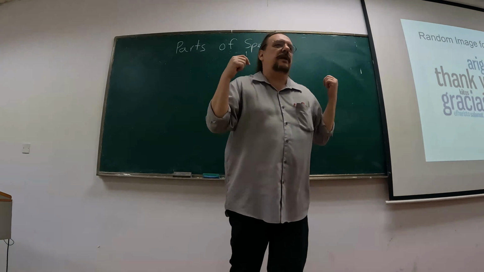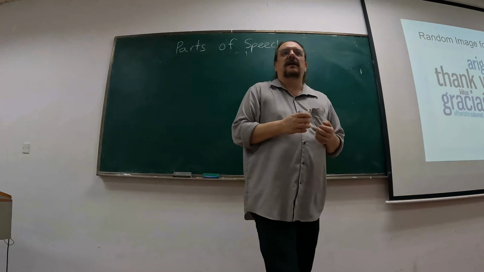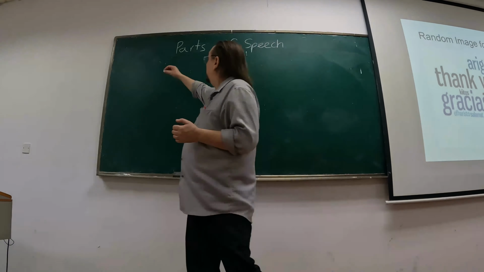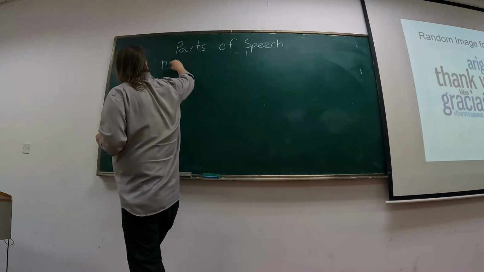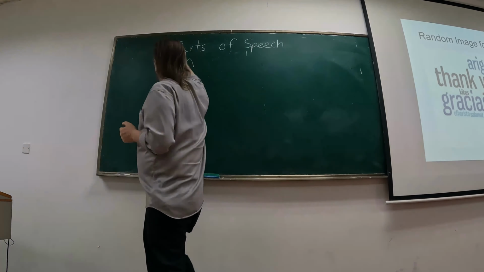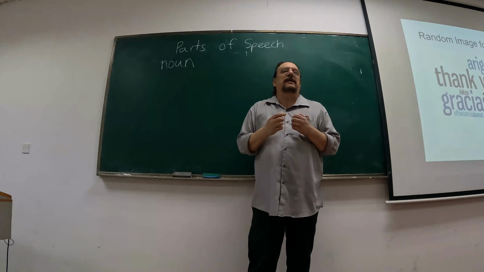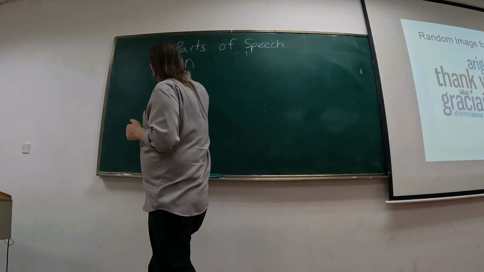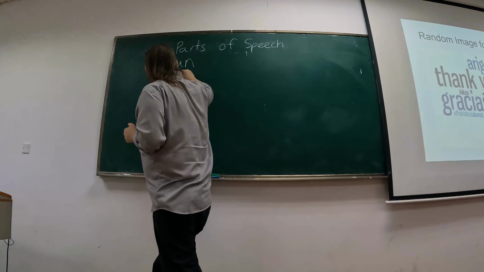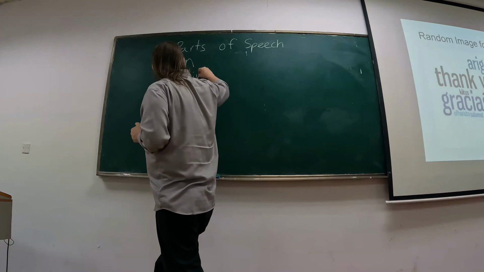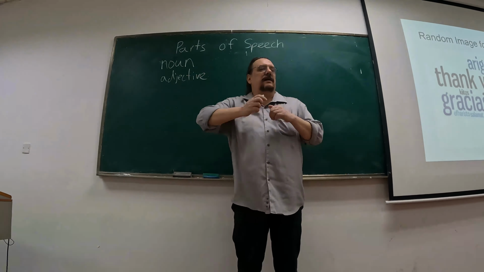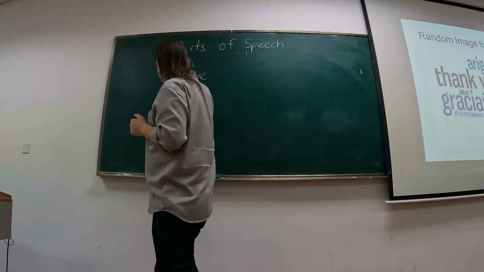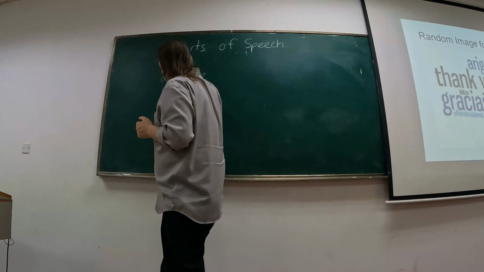Like what kind of word is desk? Yeah, noun. What are some other parts of speech? Normally people say something else, but all right. Adjective. What else? Verb. Yeah, usually that's the second one after noun.